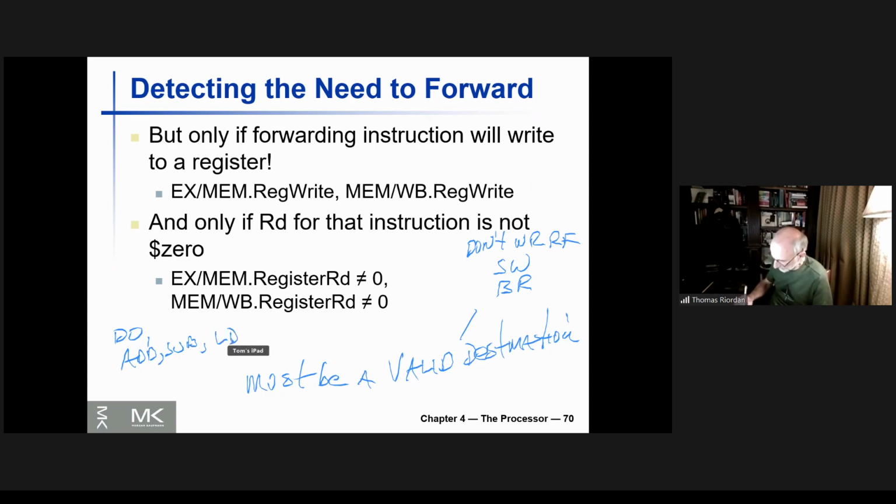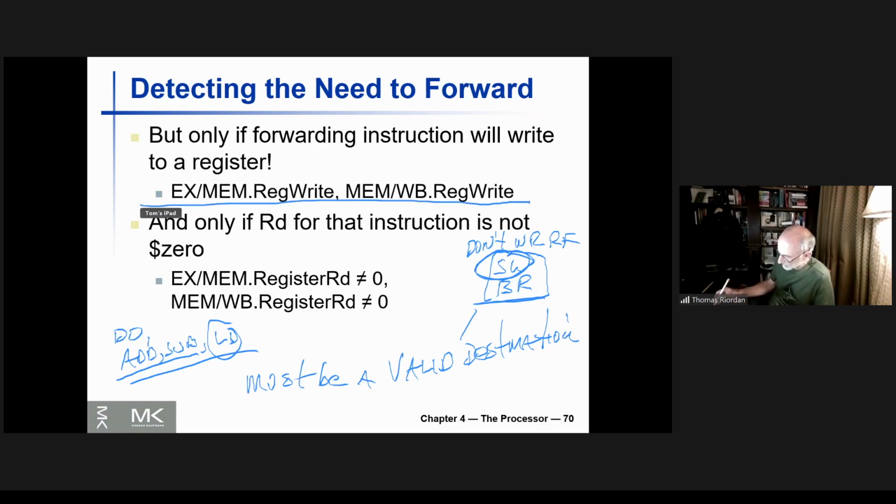So we basically are again dividing up into our 3 classes of instructions, but here we split the load and store. The load has a valid destination, the store does not. Branch does not. Add, subtract, all of the normal operation instructions have a valid destination. So we'll add that to the equation.